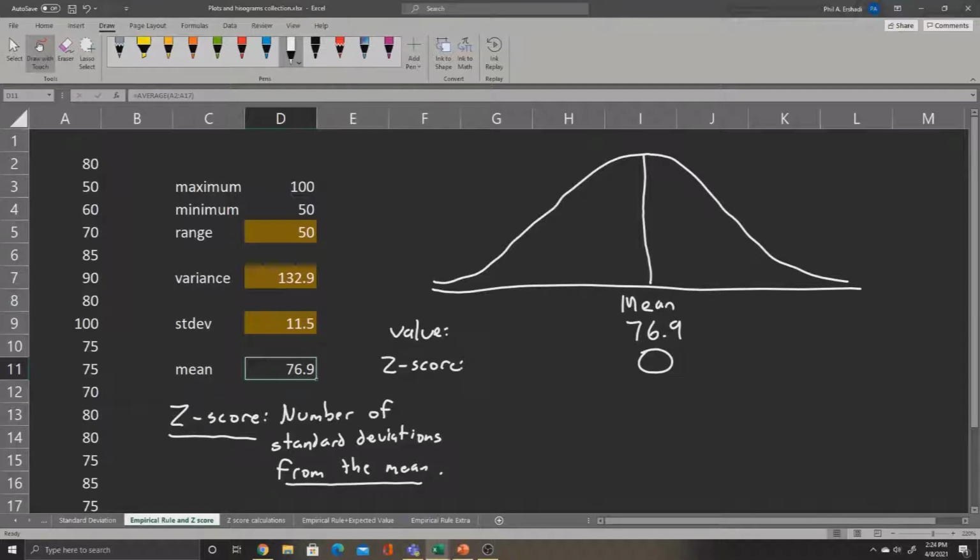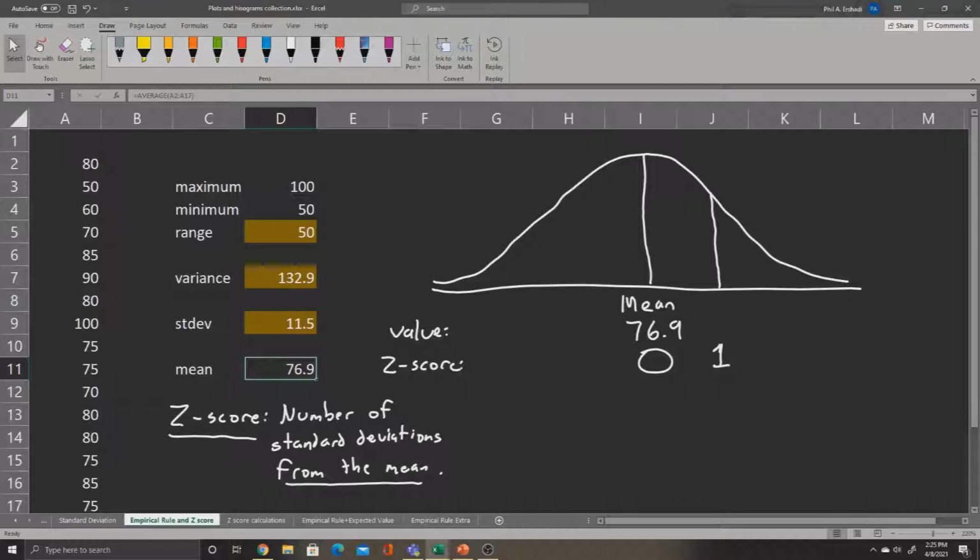However, oftentimes on a bell curve, you'll mark down the points that are 1, 2, or even 3 standard deviations away from the mean. For example, we could mark down a point on the graph that is 1 standard deviation away from the mean. We'll mark this with a z-score of 1.